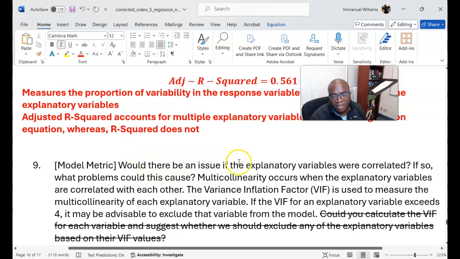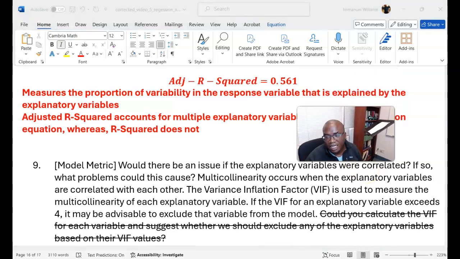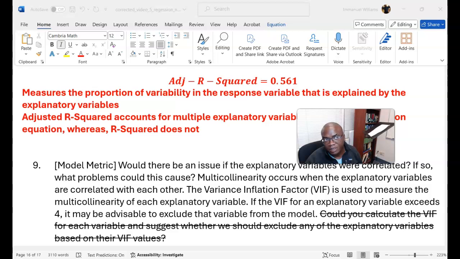would there be an issue if the explanatory variables were correlated? The idea is, is there an issue if the explanatory variables have a relationship between one another? And the answer to that is yes, that's the problem. So if so, what problems could this cause? That gives you an overinflated regression model.